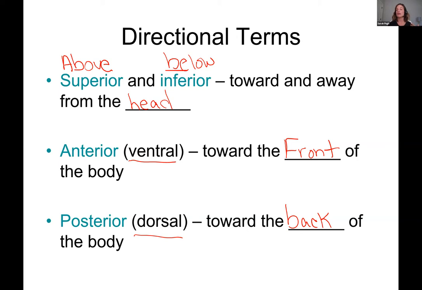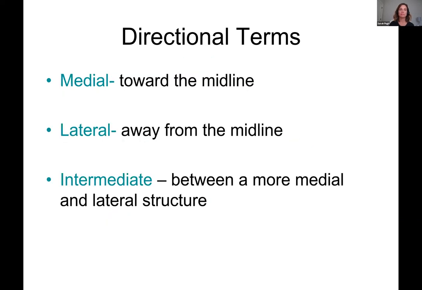It sits in front of the spinal cord. Now you could just flip it around and do it the opposite way for posterior. You could say the spinal cord is posterior to the esophagus. It sits behind the esophagus. Okay. A couple of other directional terms.